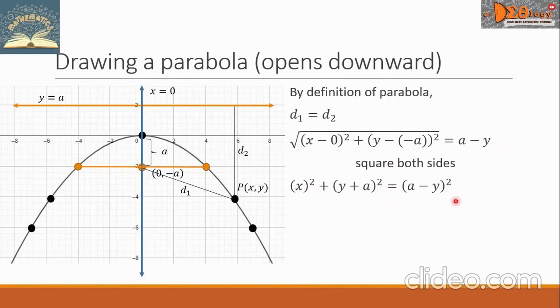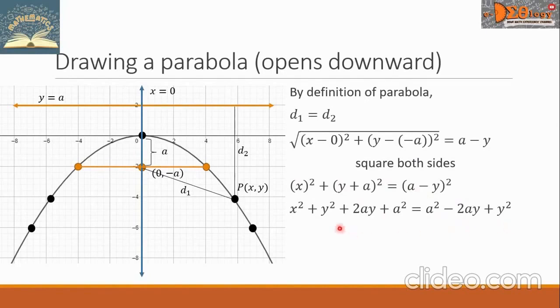Let us expand the squares. So we have now x squared, plus the square of y plus a becomes y squared plus 2ay plus a squared, equals the right side, the square of a minus y. So we have now a squared minus 2ay plus y squared.